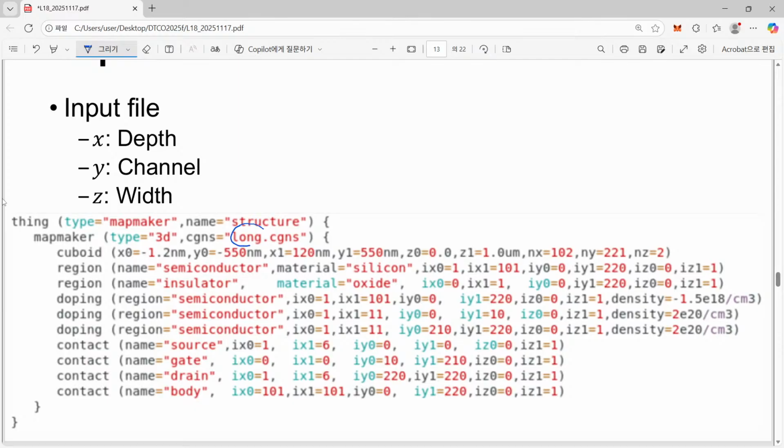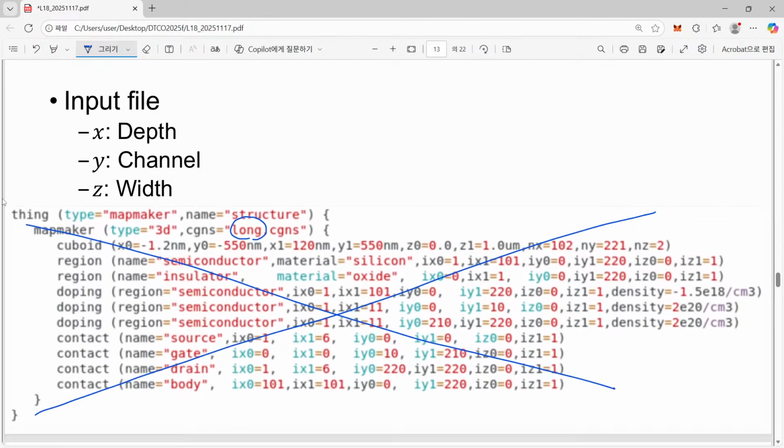For example, here I have long.cgns. I prepared my PPT with screenshots, and I did not change my screenshot, so I will upload the short channel one after this session is over.